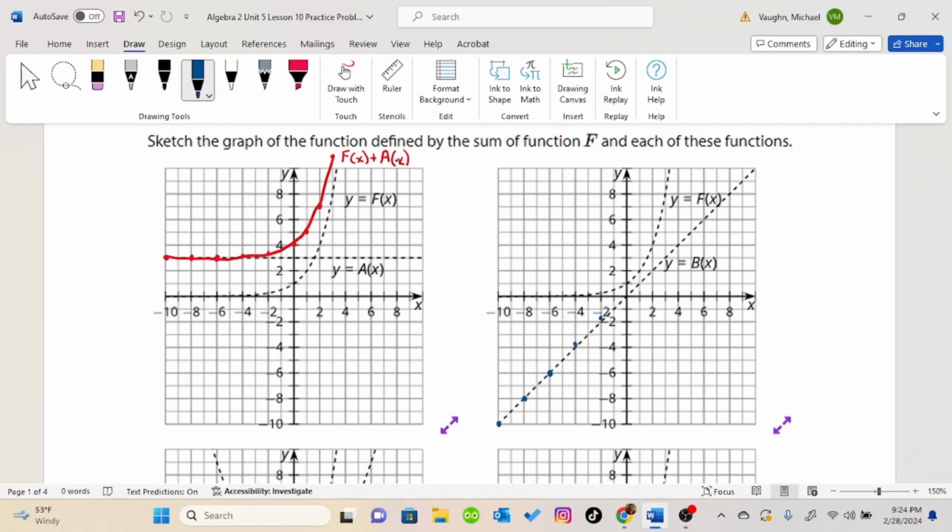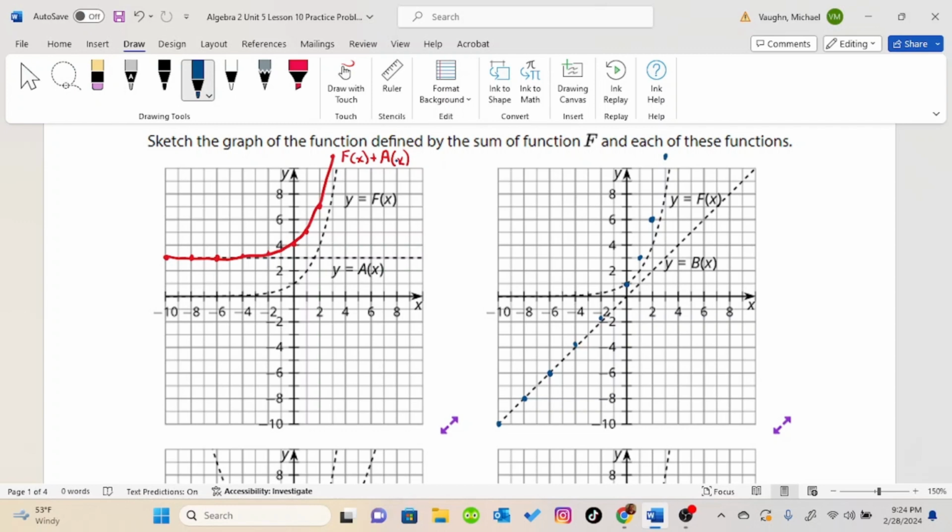0 plus 1 equals 1. 1 plus 2 equals 3. 2 plus 4 equals 6. 3 plus 8 equals 11.